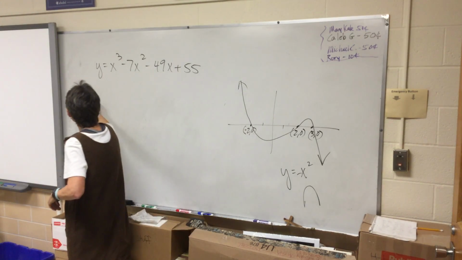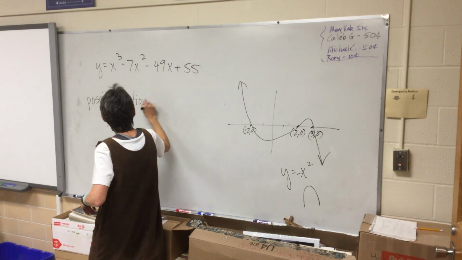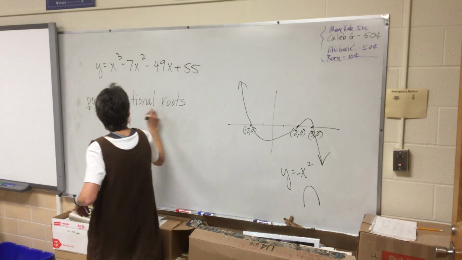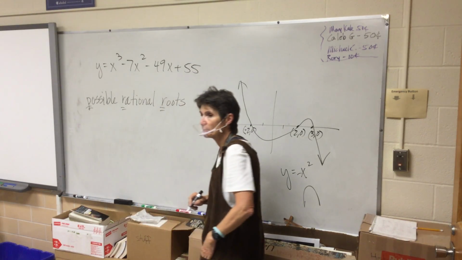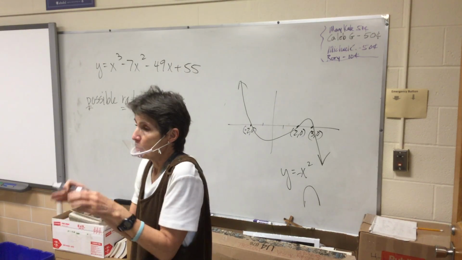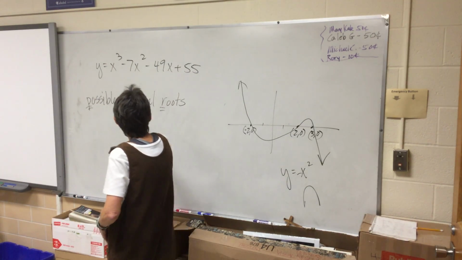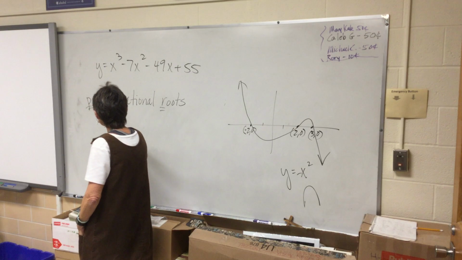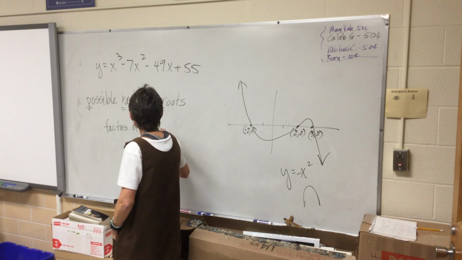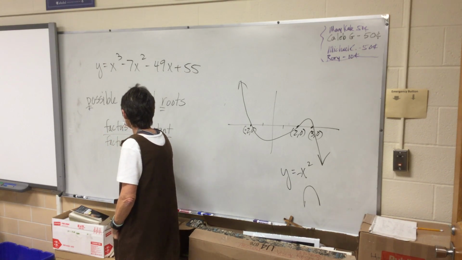The possible rational roots, which I will always refer to as my PRRs, my possible rational roots. These are the numbers that when you have to start guessing, these are the numbers that you're going to guess. They are factors of the constant over factors of the leading coefficient.